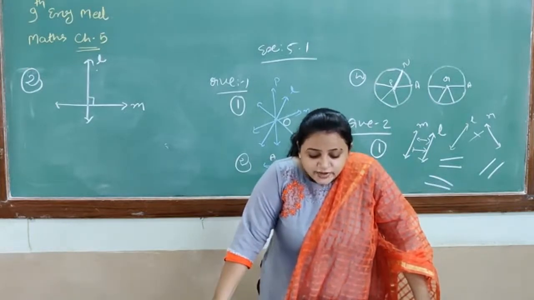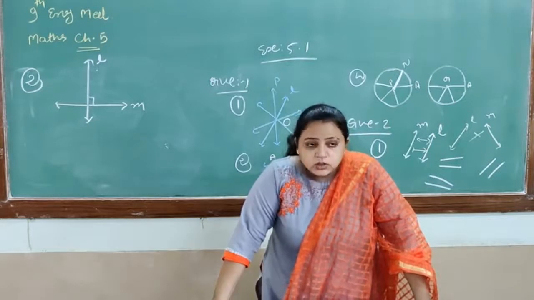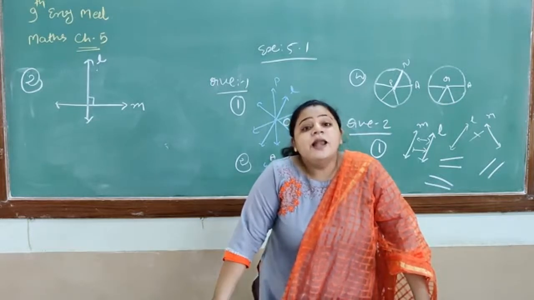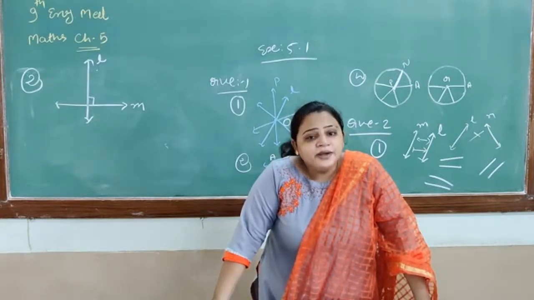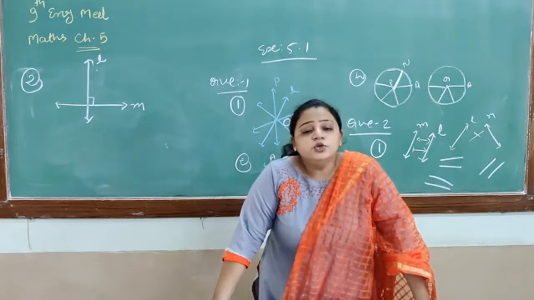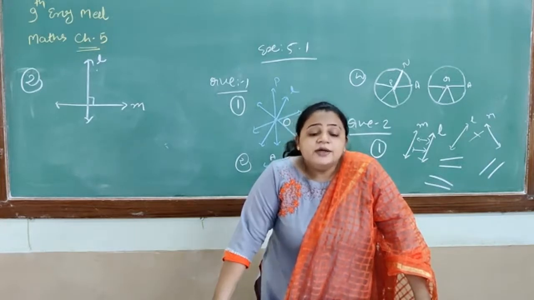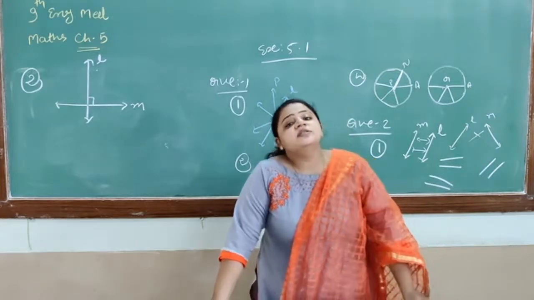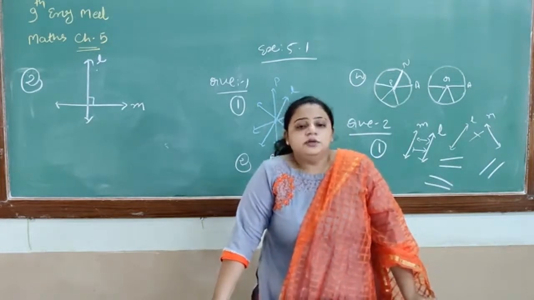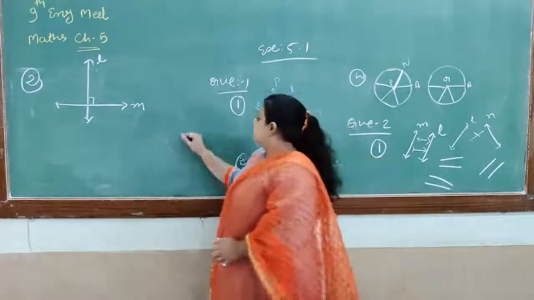Square: again I am repeating, a square means a union of line segments whose measurements are equal.